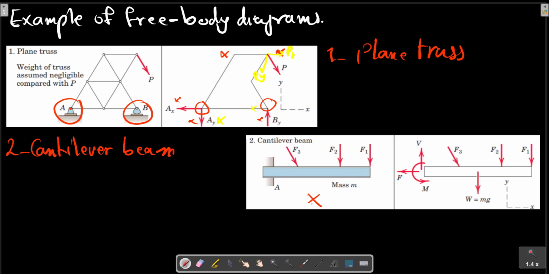When we isolate that part of the beam to the right of the section at A, we must include the reactive force applied to the beam by the wall. The resultant of this reactive force is shown acting on the section of the beam.